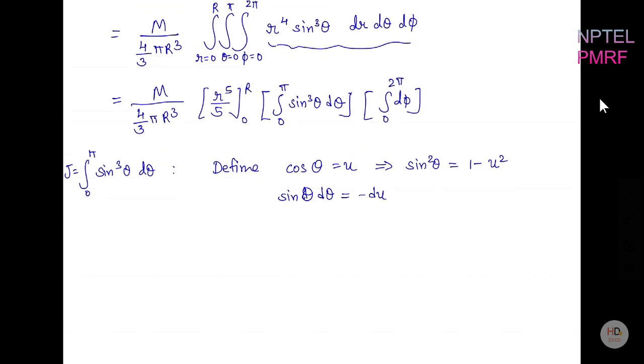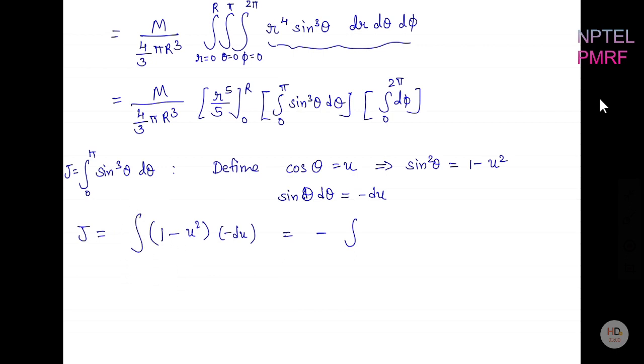And now j becomes the integral of sine square theta, which is 1 minus u square, and sine theta d theta is just minus du. So this is equal to minus, and sorry, I should change the limits as well.